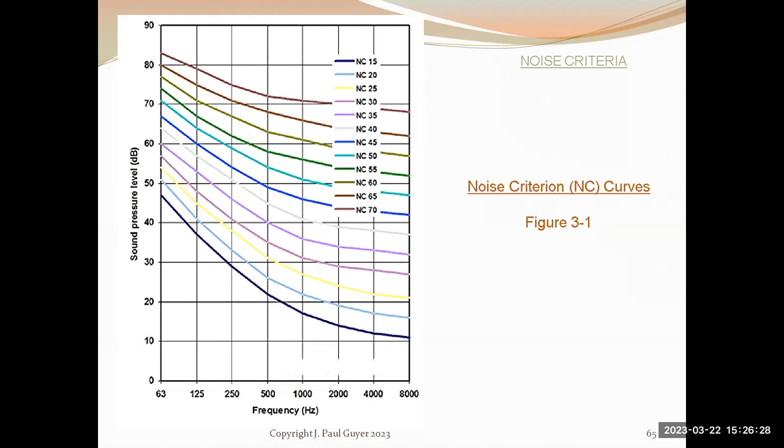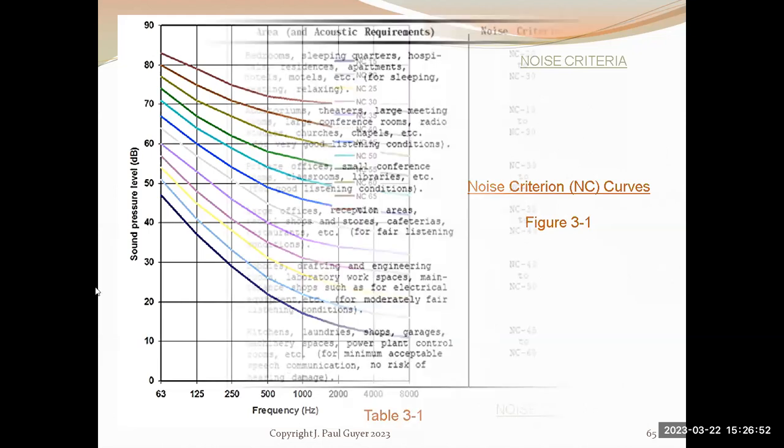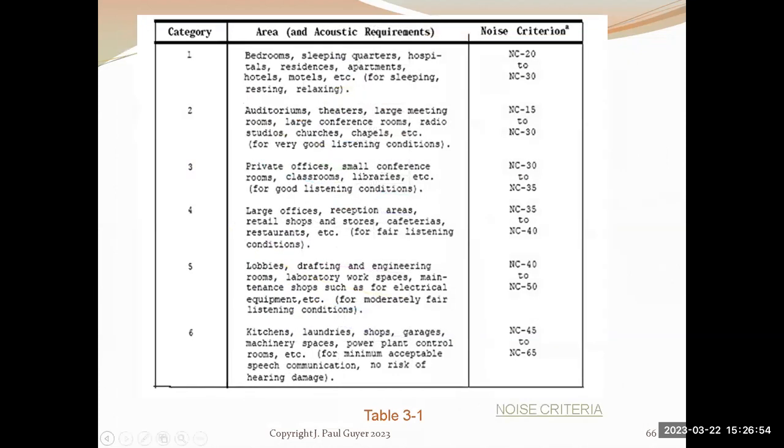This is the part of the frequency spectrum where the human ear is particularly sensitive to loud noises. Now, so let's back up just a little bit and make sure I got that point across.